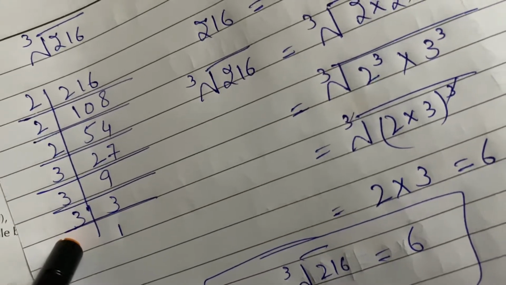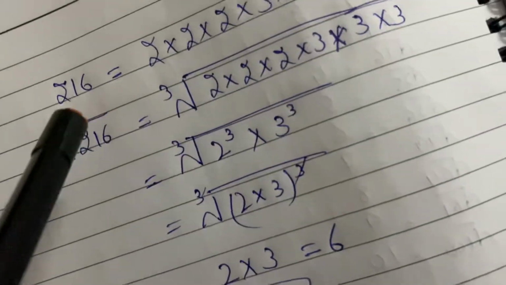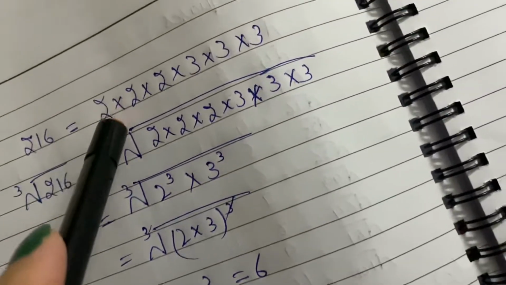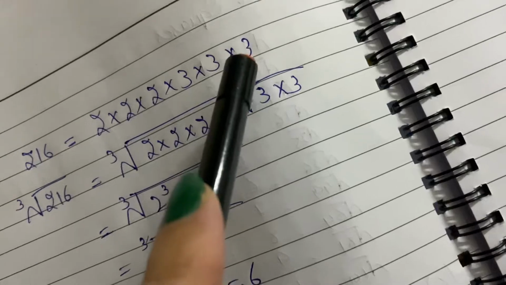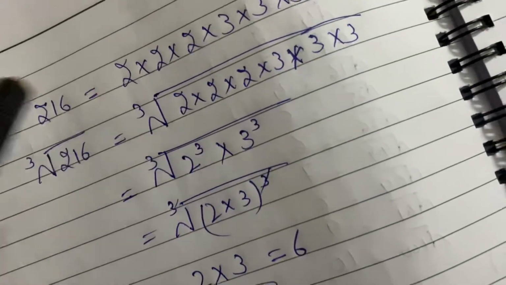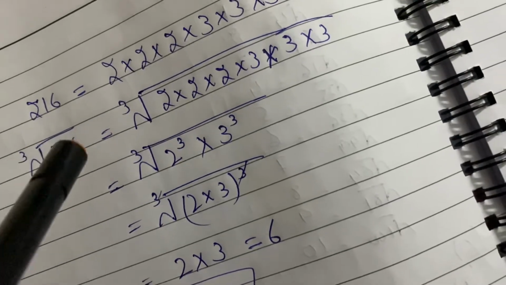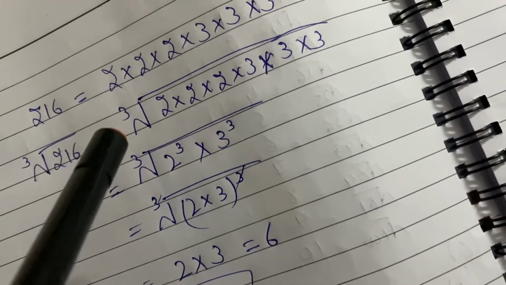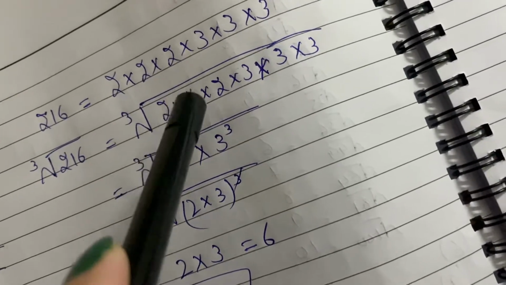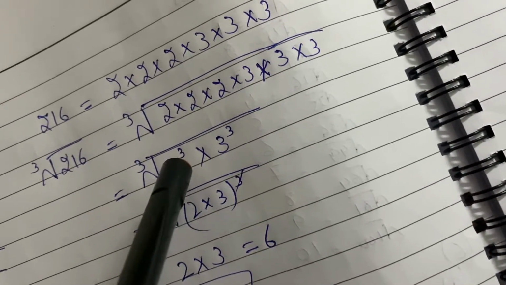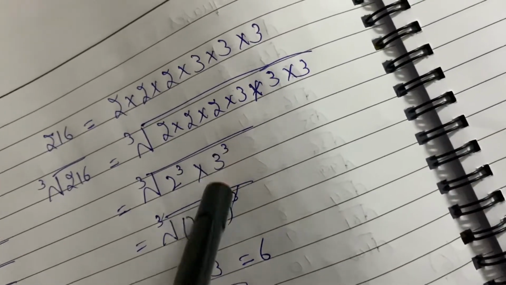All right, so we will write all the factors, like 216 is equal to 2 multiplied by 2 multiplied by 2 multiplied by 3 multiplied by 3 multiplied by 3. All right, next you will put the cube, or you will write taking cube root on both sides, whatever you want to do. Now you can write 2 multiplied by 2 multiplied by 2 as 2 power 3 or 2 cube, multiplied by 3 power 3, or 3 cube.